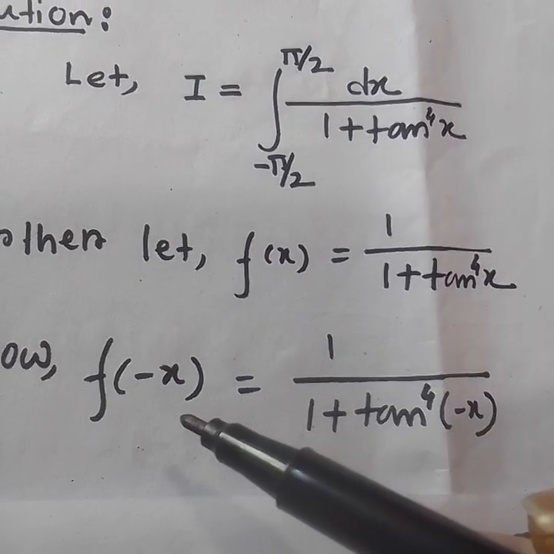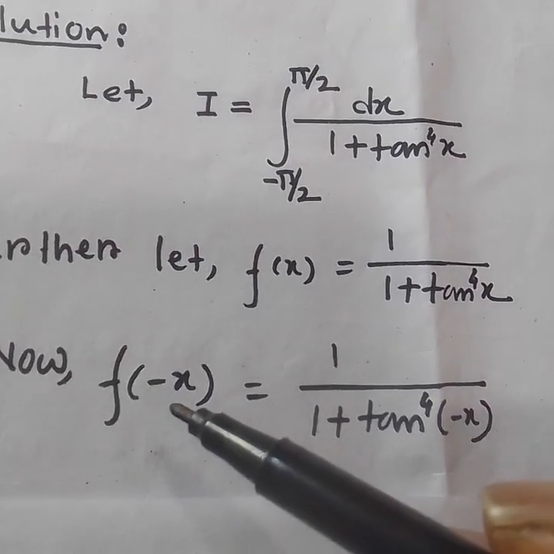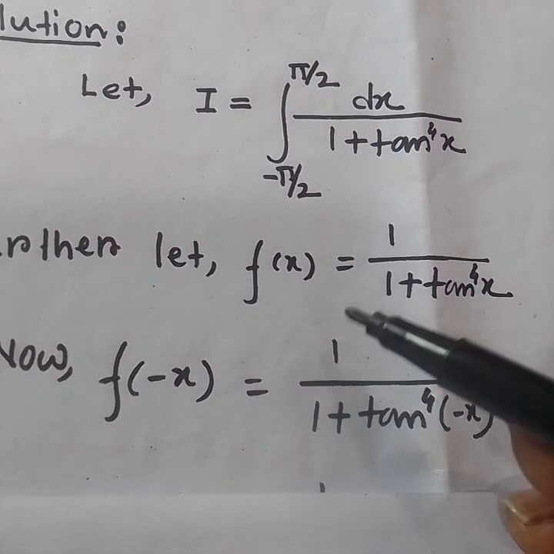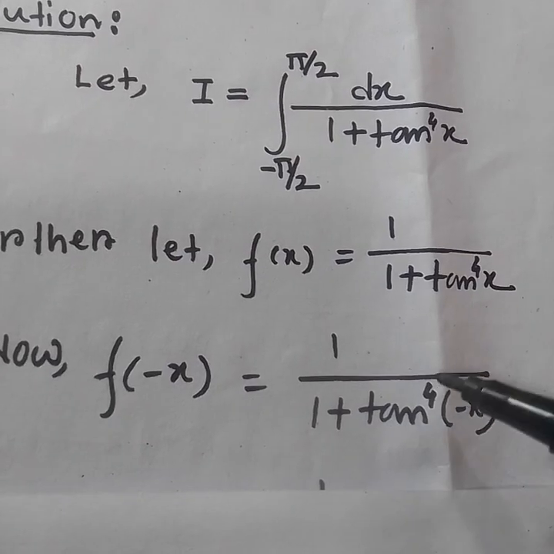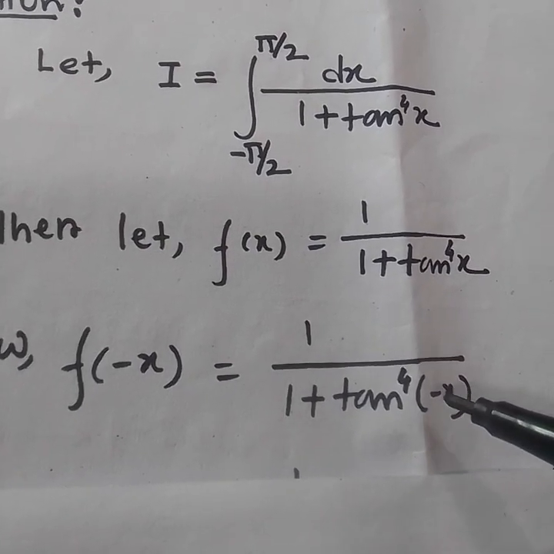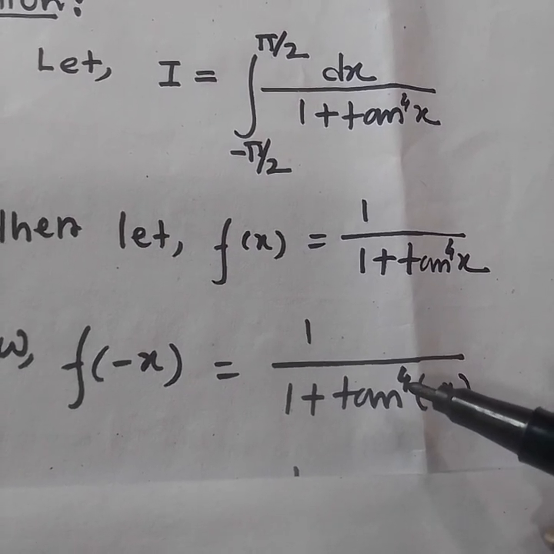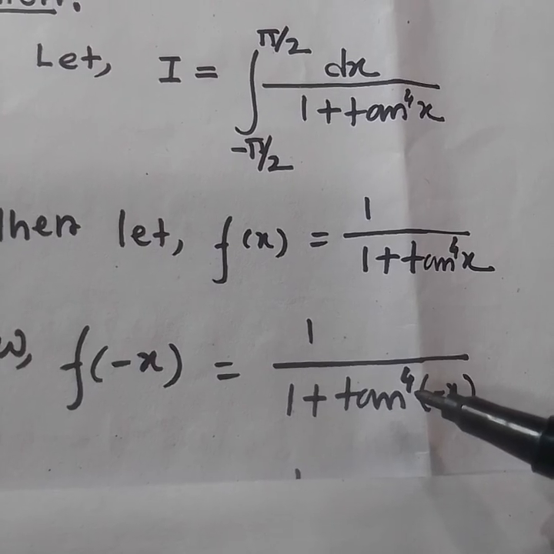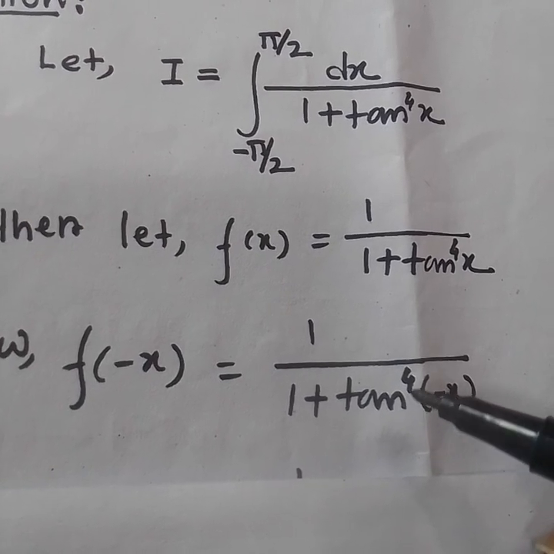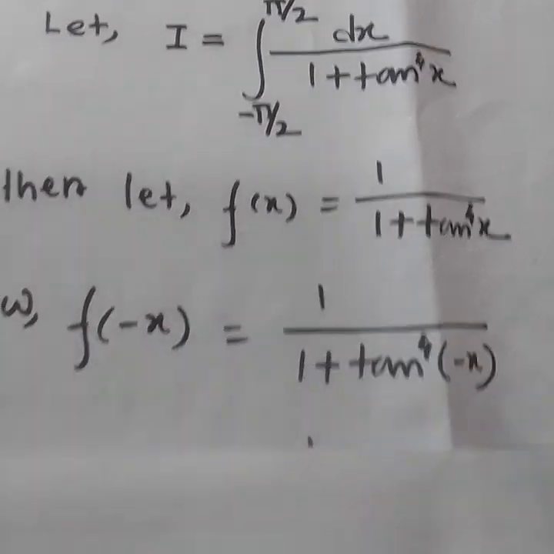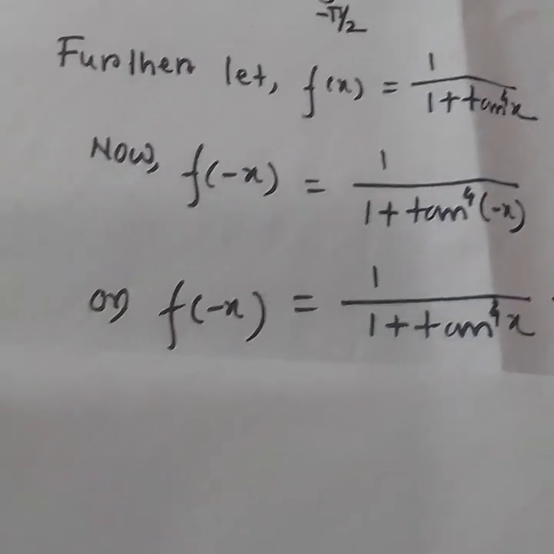So we now get f(minus x) equals 1 by 1 plus 10 to the power 4 of minus x. Now obviously, since 4 is an even number, the value of 10 to the power 4 of minus x should be 10 to the power 4x.